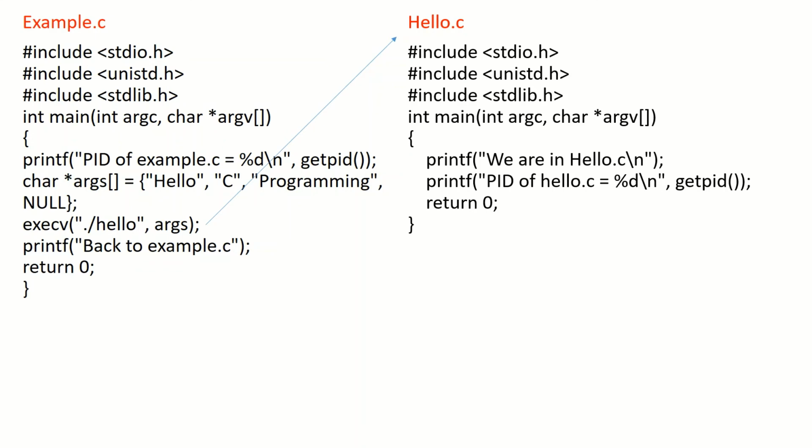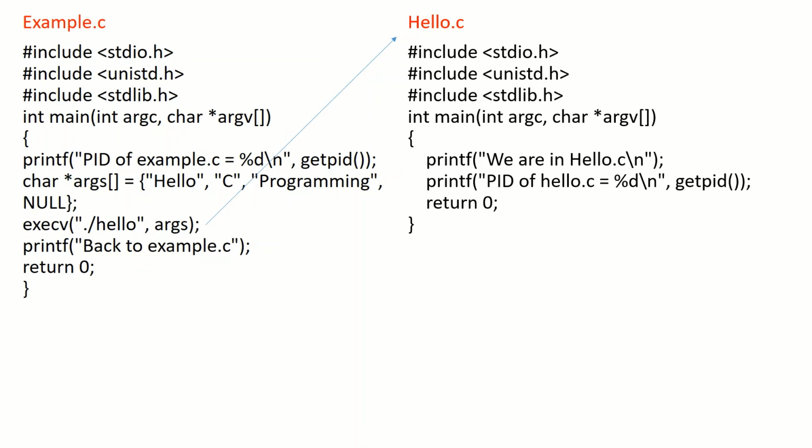The execv function is called with ./hello and args, printing back to example.c. When hello.c is called, control transfers there, then it executes another program that prints from hello.c and prints the process ID of hello.c using the getpid function, and returns back once again to the normal example.c program, and execution continues.